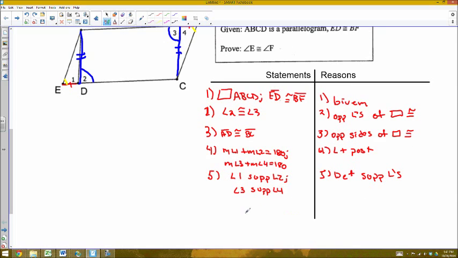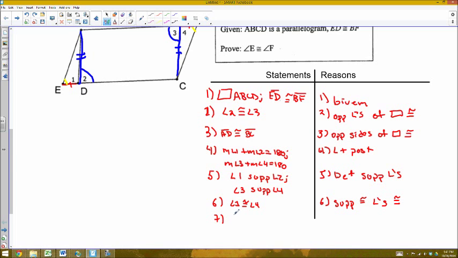Okay. Then I will mention that angle 1 is congruent to angle 4 because supplements 1 and 4 of congruent angles 2 and 3 are congruent. So supplements of congruent angles are congruent to each other.